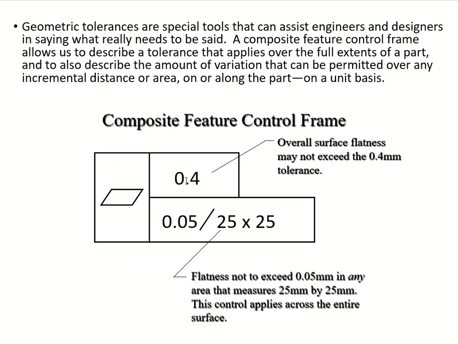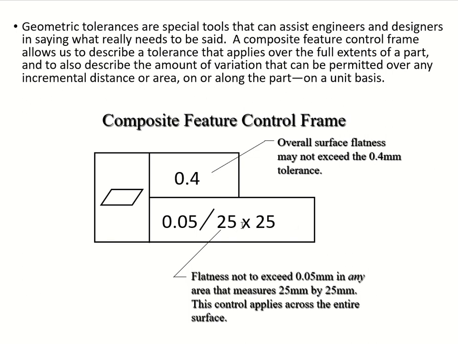Composite, going into there. Overall, here is your geometry symbol. This is your overall surface flatness, because this is your flatness symbol. It's a don't exceed 0.4 tolerance, in this case millimeters. Flatness again, don't exceed 0.05 in any area, and that's going to be measured over a 25 millimeter by 25 millimeter area.